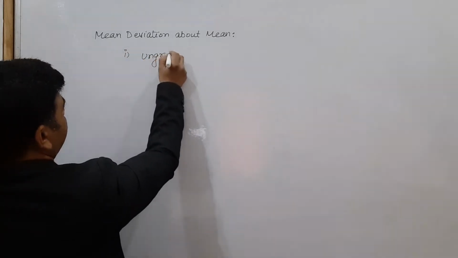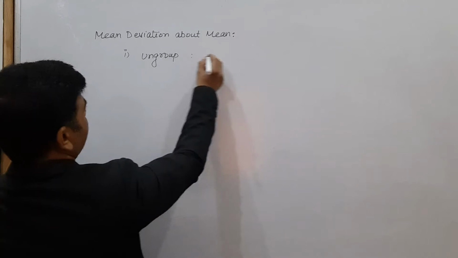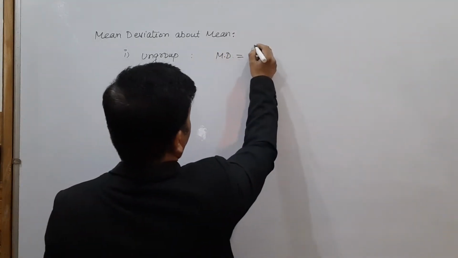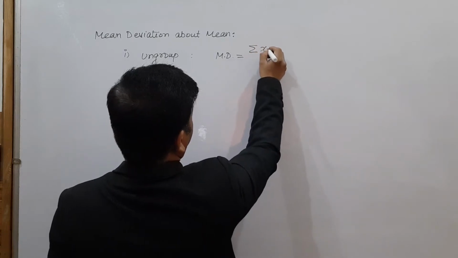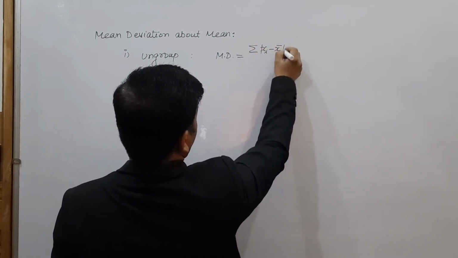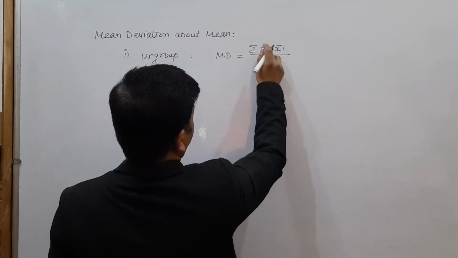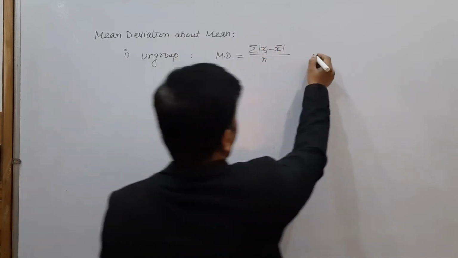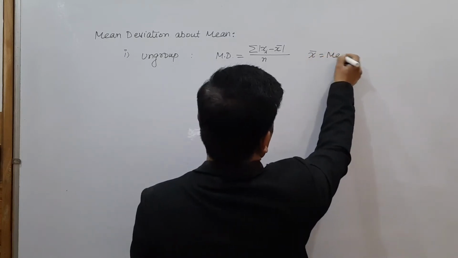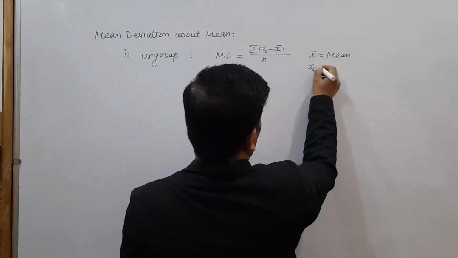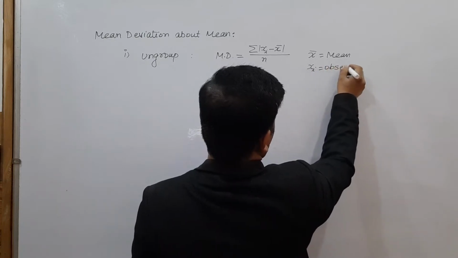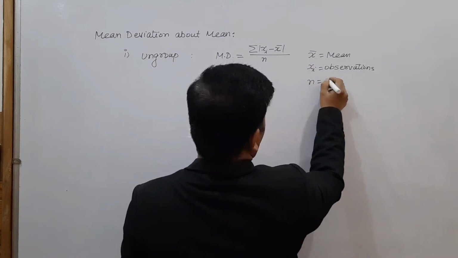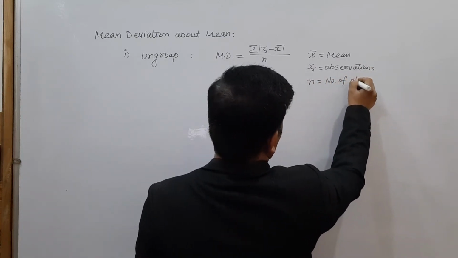Mean deviation about mean is equal to summation of |xi minus x bar| divided by n, where x bar is your mean, xi are the observations, and n is your number of observations.